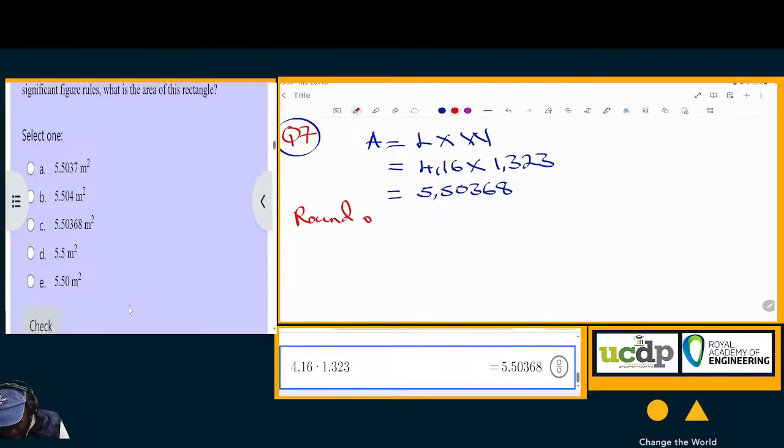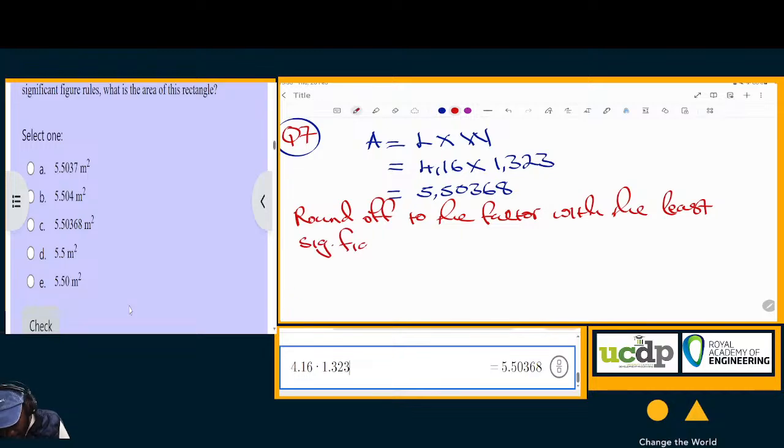So which factor has the least number of significant figures? It's 4.16, which has got how many significant figures? 3.